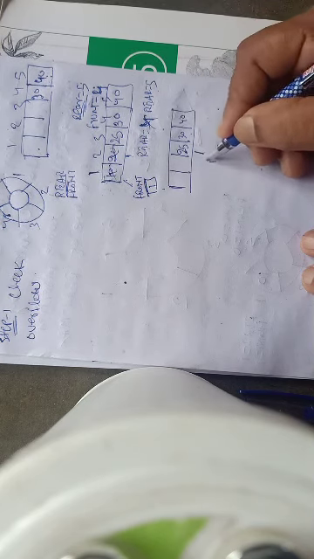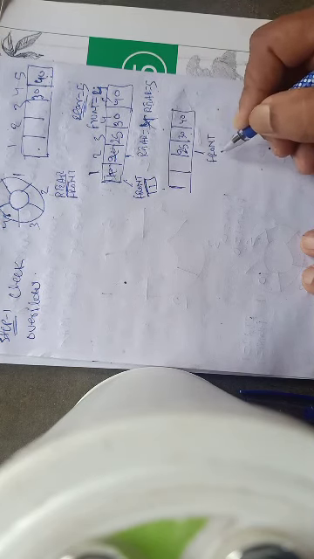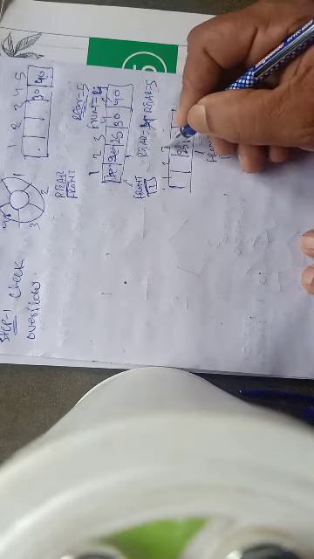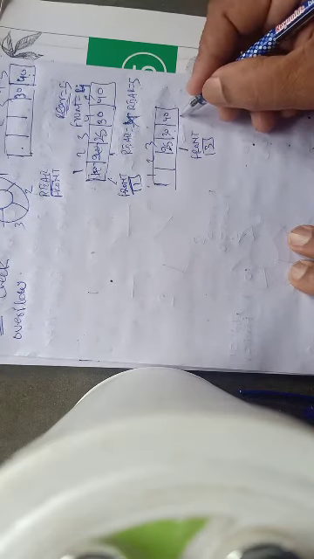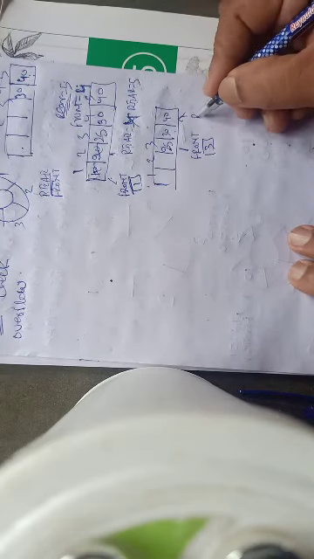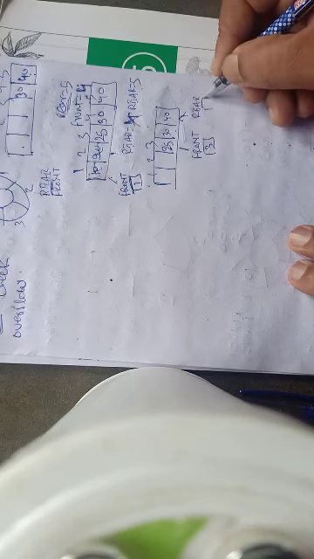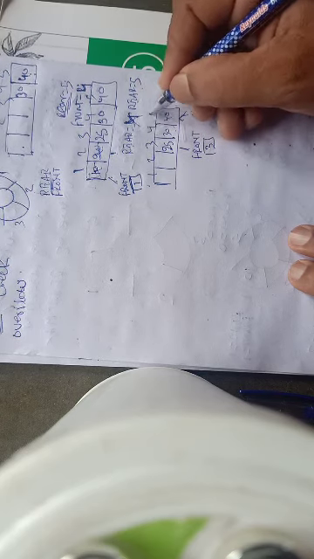So this is now my front. So front equal to 3, and this is my rear. Rear equal to 5. Now, is this an overflow condition in a circular queue? Definitely not. Now we can perform more insertion. Suppose we want to insert 50. Now where can we insert that value 50?